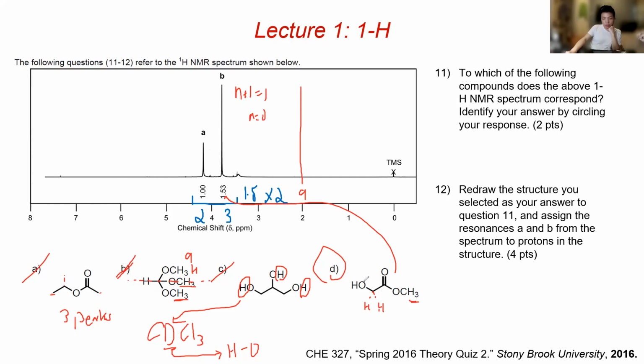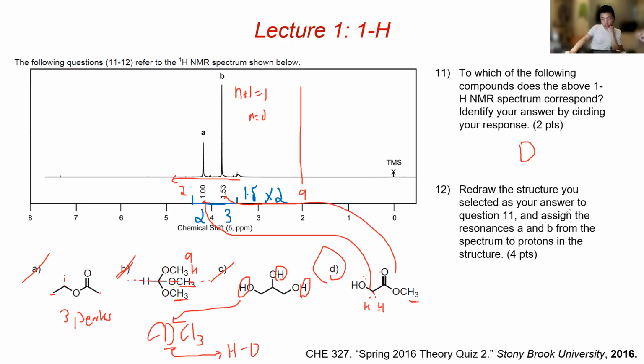And for A, it's in between 2 electronegative atoms. So that's why the de-shielding effect is stronger than the methyl group here. And the integration number is 2. So that makes sense. Which means the following compound will be D.